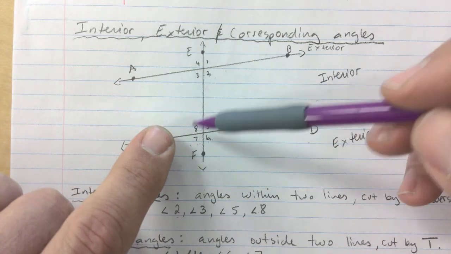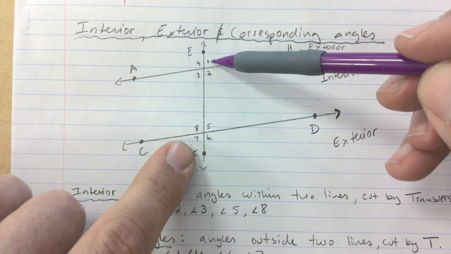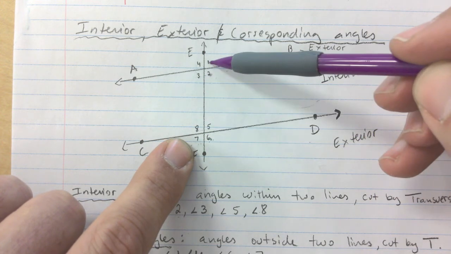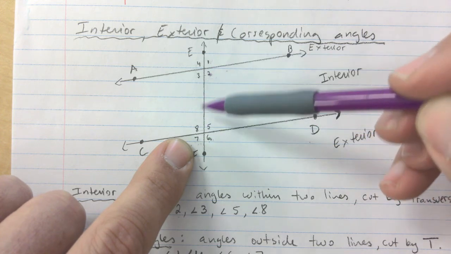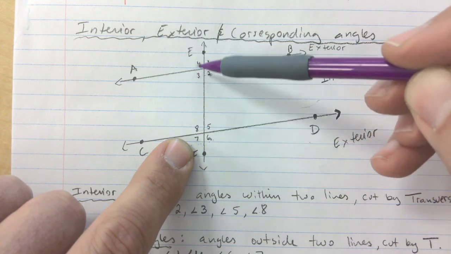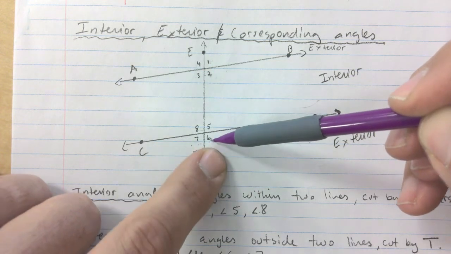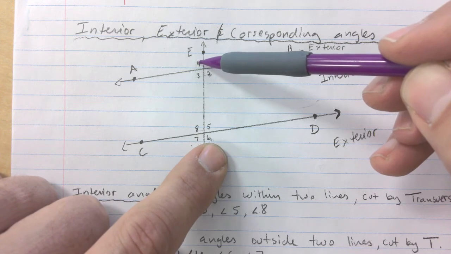Alternate means on the opposite side of the transversal. So 1 and 7 would be considered alternate exterior, as well as 4 and 6. So the name says it all, they're both on the outside and they're on alternate.